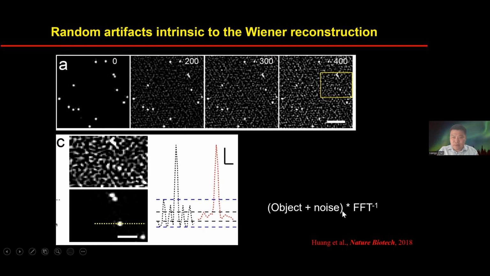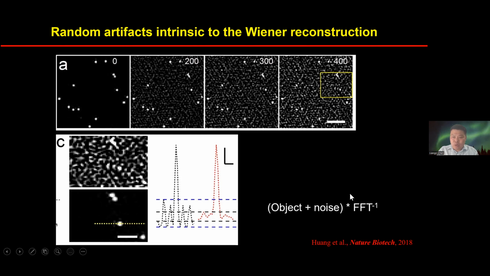We found that it's quite simple. This is because you are doing an inverse Fourier transformation to the assembled data you got. You are assuming all the signal originated from your fluorescent object, but in reality, there is background noise, dark current.